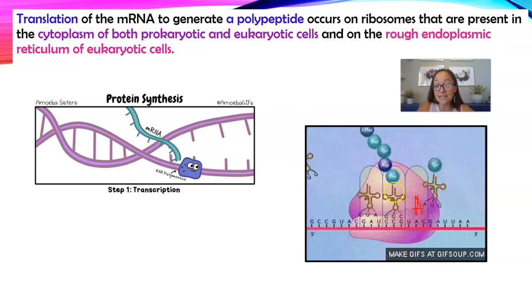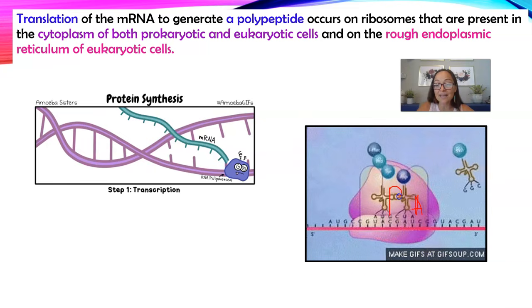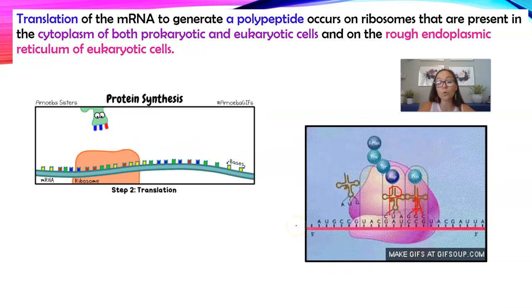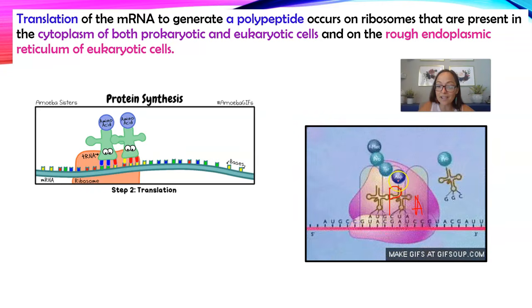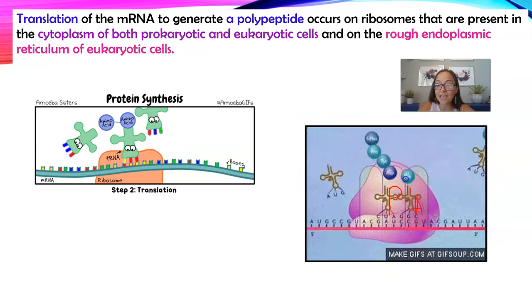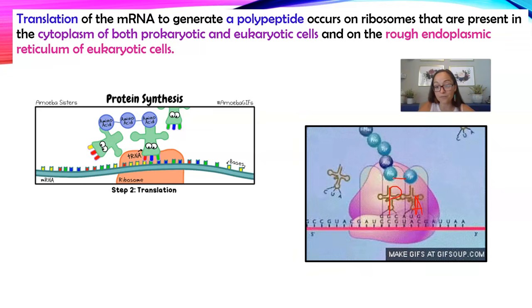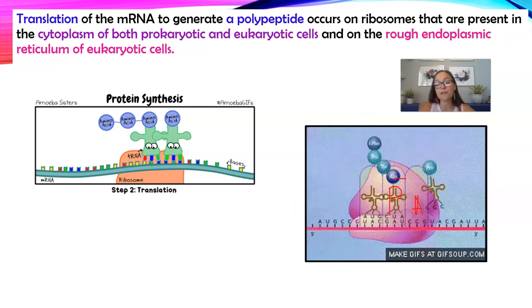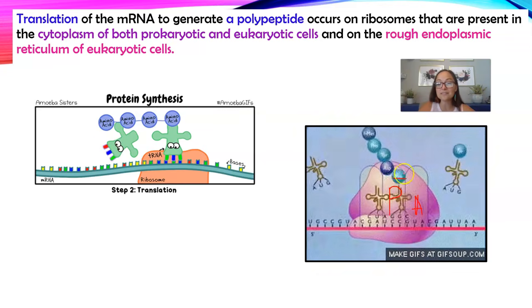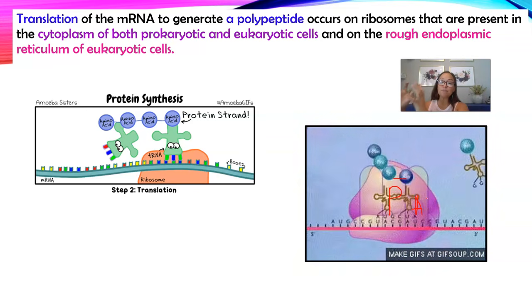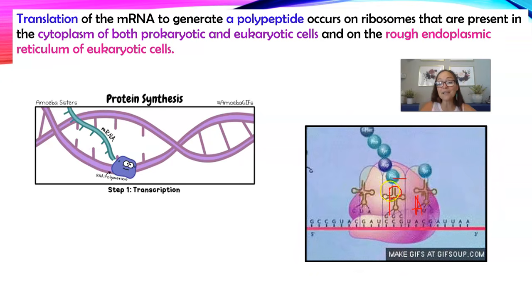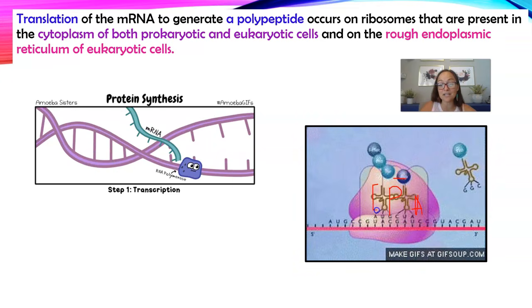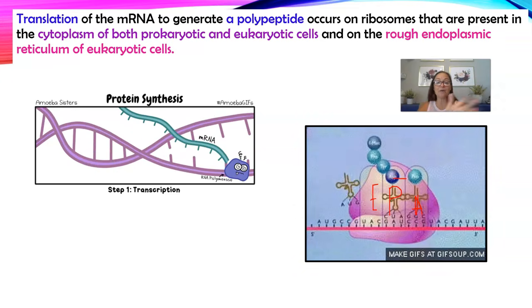Then you have the P site, and that is the part of the ribosome where it's holding the growing polypeptide. So you can see right here, a peptide bond forms between the amino acids. And then the tRNA moves from the A site into the P site. And then eventually it's in the E site, which stands for exit. And then it will exit.